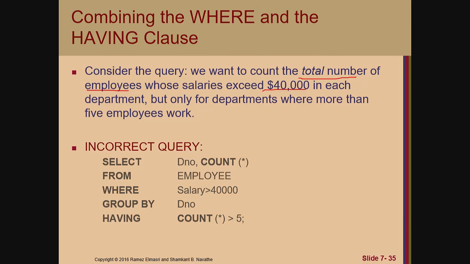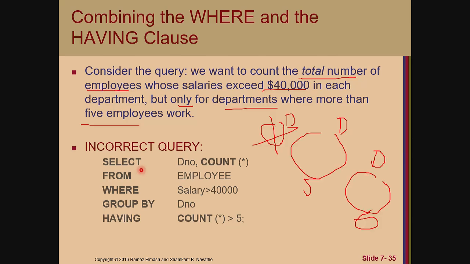But one more condition is only departments that have more than 5 employees. So we have to focus on: SELECT DNO, COUNT(*) FROM EMPLOYEE WHERE SALARY > 40000 GROUP BY DNO HAVING COUNT(*) > 5.